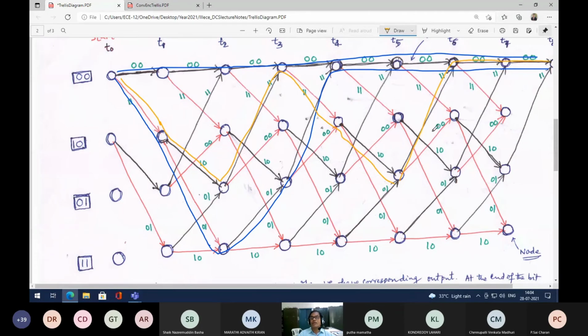Let us say another possibility. So how many possibilities have I shown here? Three possibilities. One is all zeros, the other one is with a blue color, the other one is with yellow color. I can have likewise all possible code words, correct?